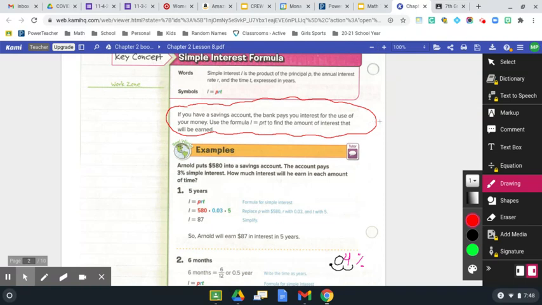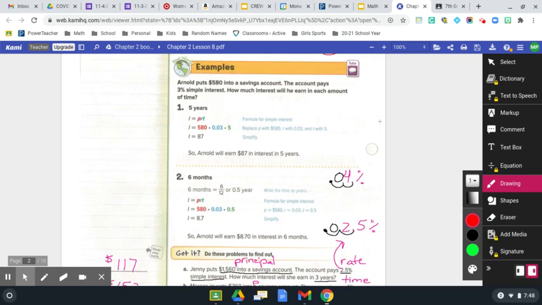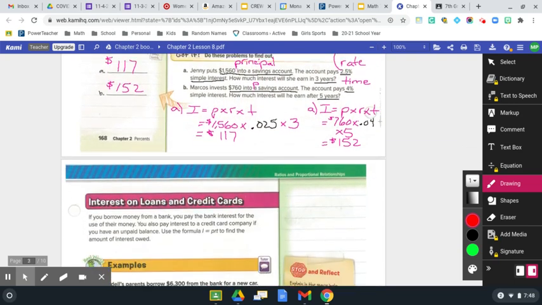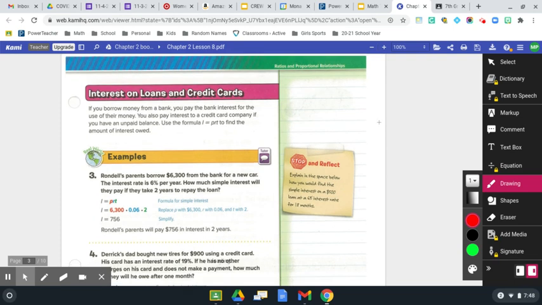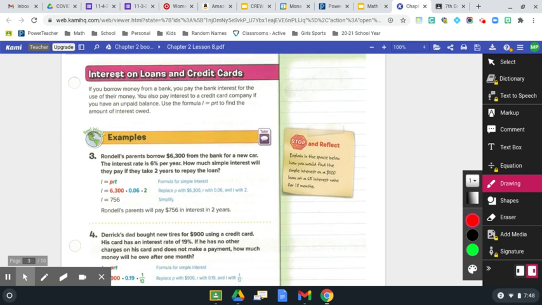Now what we're going to look at is the other way interest is used. So now if you look on page 169 at the top here, it says interest on loans and credit cards. So this piece right here, we're going to talk about. And so here, if you borrow money from a bank, you pay the bank interest for the use of their money.